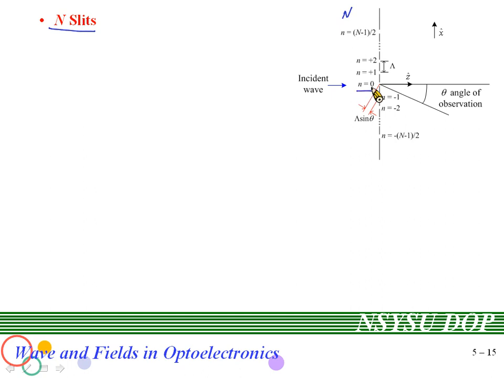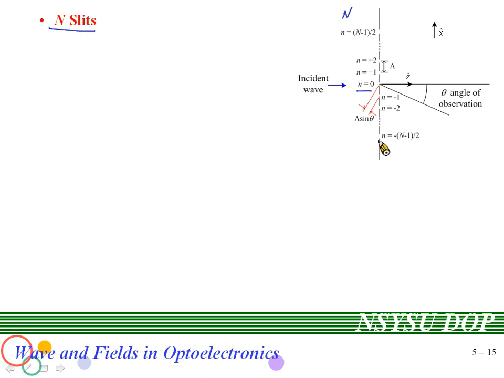the center slit is number n equals 0, and this one is number positive 1, and this one is number positive 2, and in the positive direction the final number is (N minus 1) over 2, and so you can find the corresponding numbers of the slits located in the negative direction.